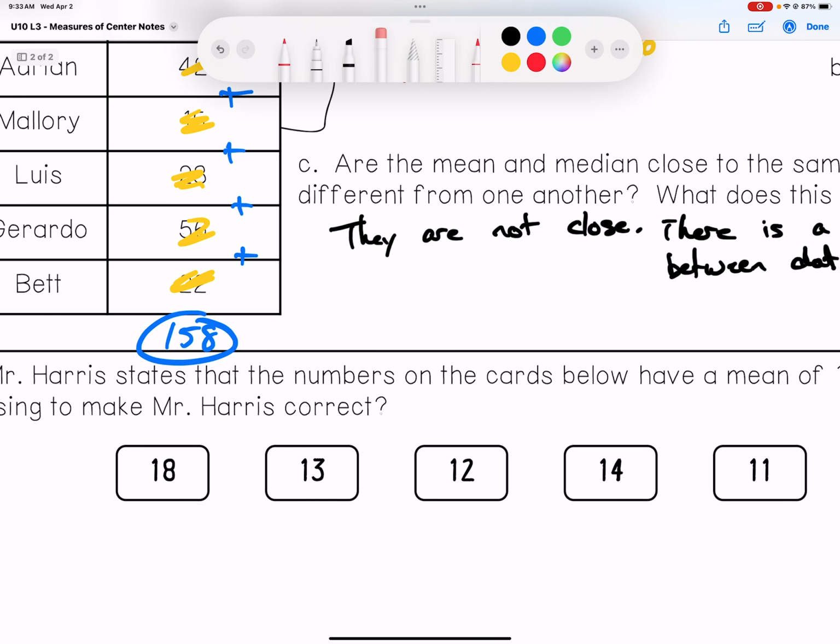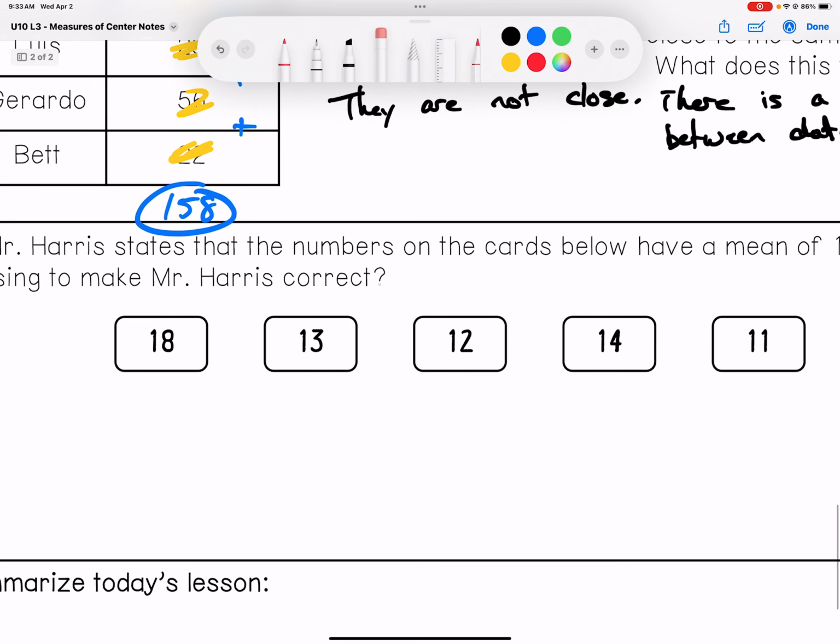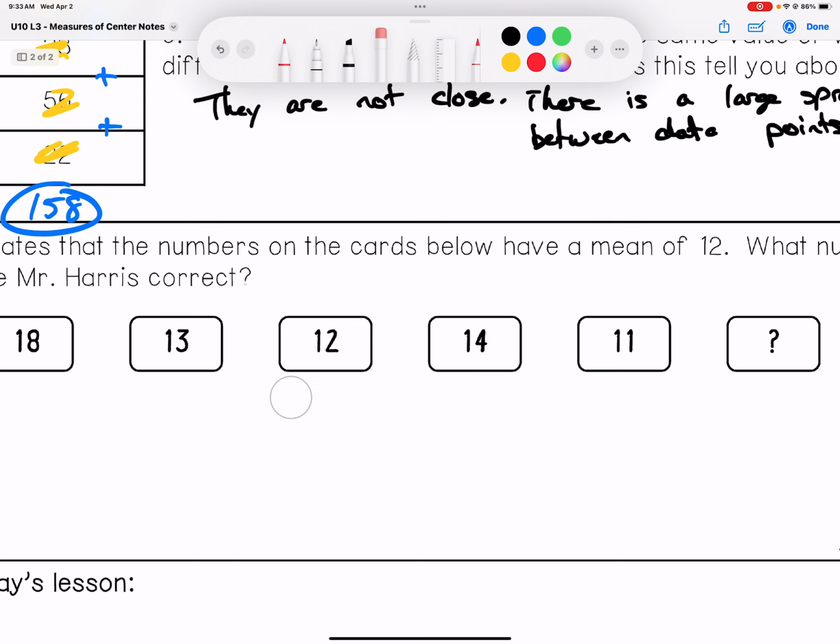All right, Mr. Harris states that the numbers on the cards below have a mean of 12. What number is he missing to make it correct? So mean is average. So how can we find the missing number to make the average? Well, we know that there are 6 cards. 3, 4, 5, 6.